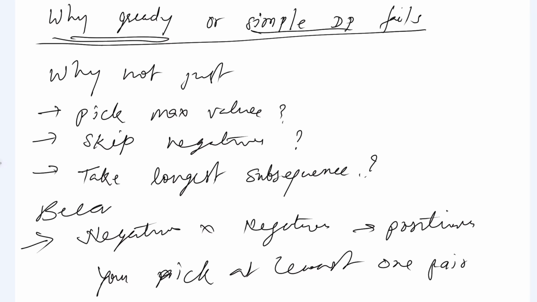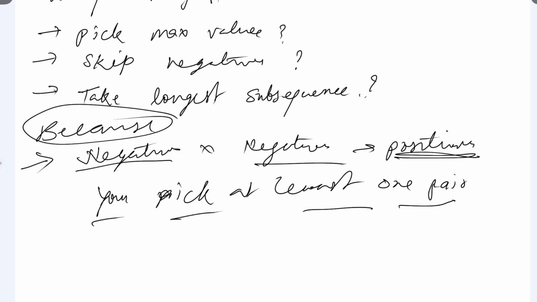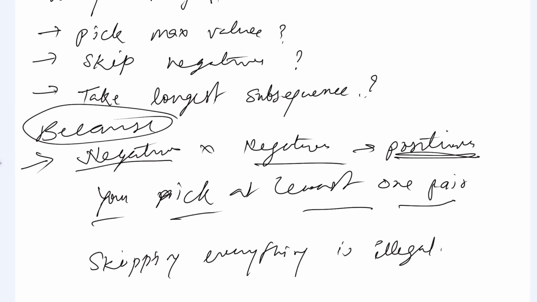And take the longest one, right? Skipping everything is illegal, because the question said skipping everything is illegal.